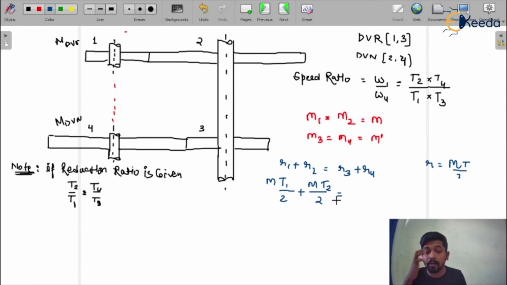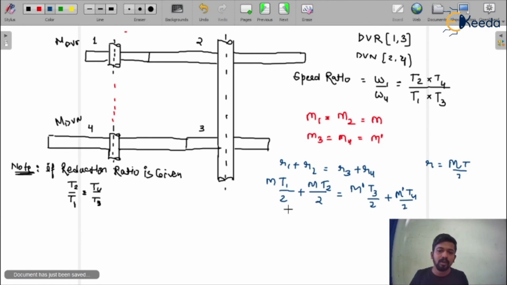You just need to understand what I'm going to show you. You need not remember the procedure, just see the procedure and learn the final result. So R1 plus R2 is equal to R3 plus R4, and we can apply R1 is equal to mT1 by 2, mT2 by 2, and we all know the module for gears 3 and 4 is m dash: m dash T3 by 2 plus m dash T4 by 2.